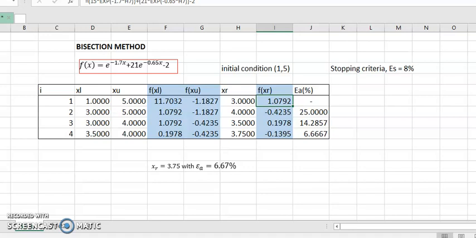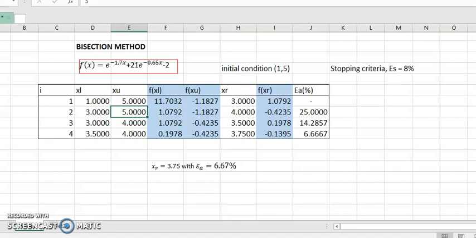The sign is the same as the sign of f of XL, which is positive. So you must replace your XL with XR. That's why I put the value of XR, 3, to this XL. And the value of your XU is still the same as the previous one, which is 5.